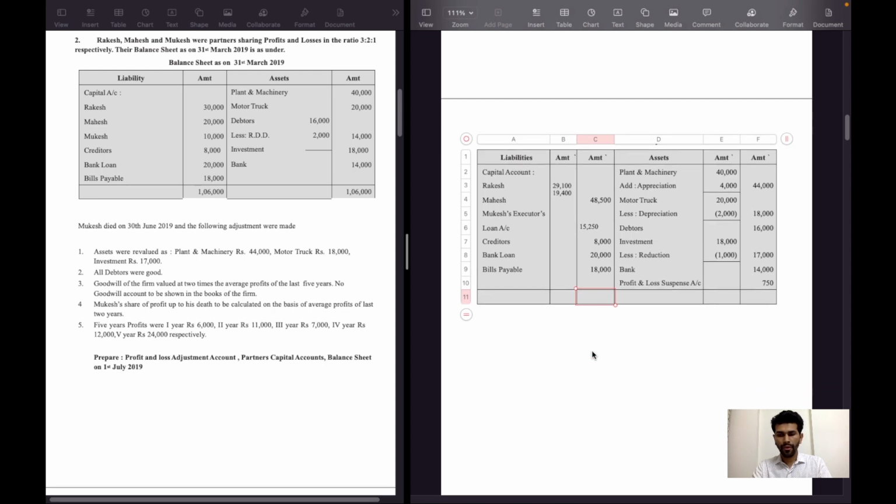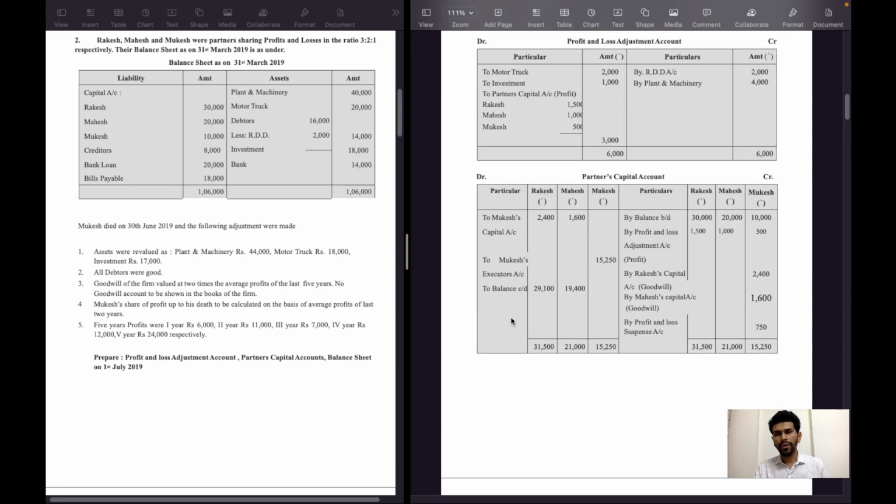Now, total of liability side is 1,09,750 rupees, and total of asset side is 1,09,750 rupees. The balance sheet is tallied. So in this question, the important adjustments were goodwill and share of Mukesh's profit.